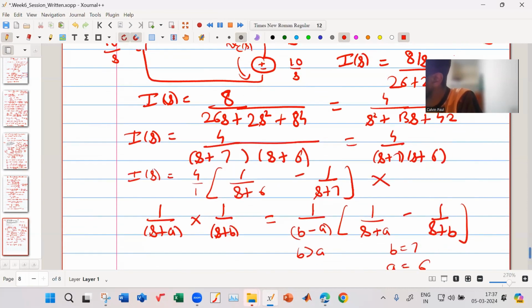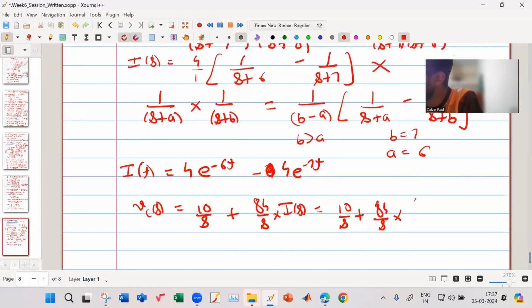My I of S is 4 upon (S plus 7) into (S plus 6).